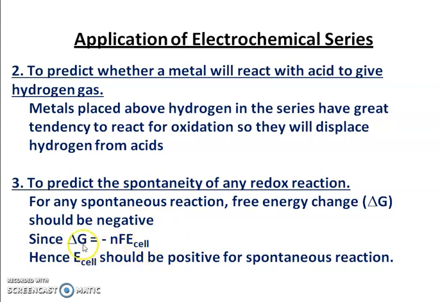So if delta G is negative, then E cell has to be positive. So if you want to understand whether a particular redox reaction will undergo spontaneous reaction, you must first calculate the EMF of the cell, and if the EMF of the cell is positive, then the redox reaction in question will be spontaneous.